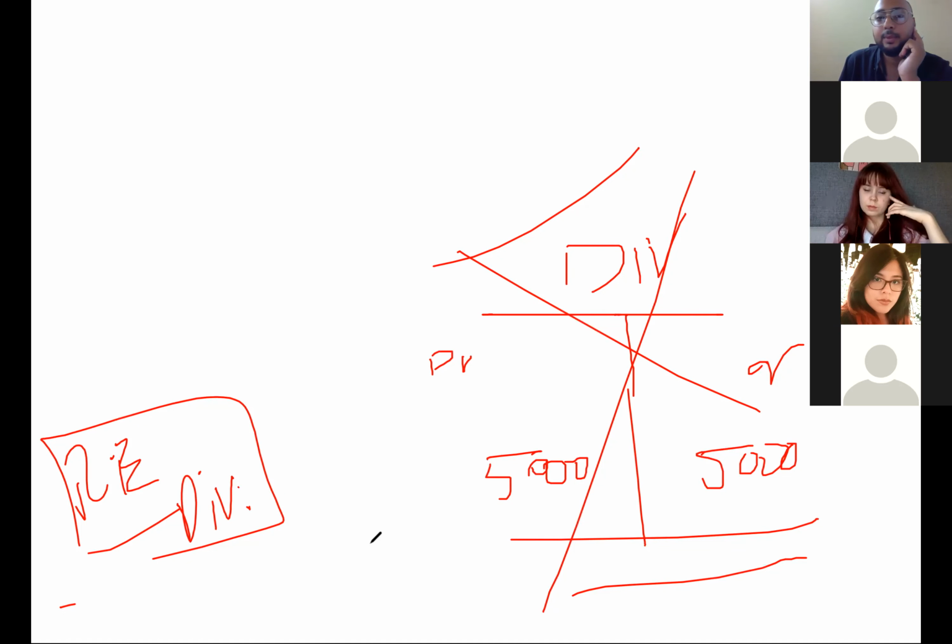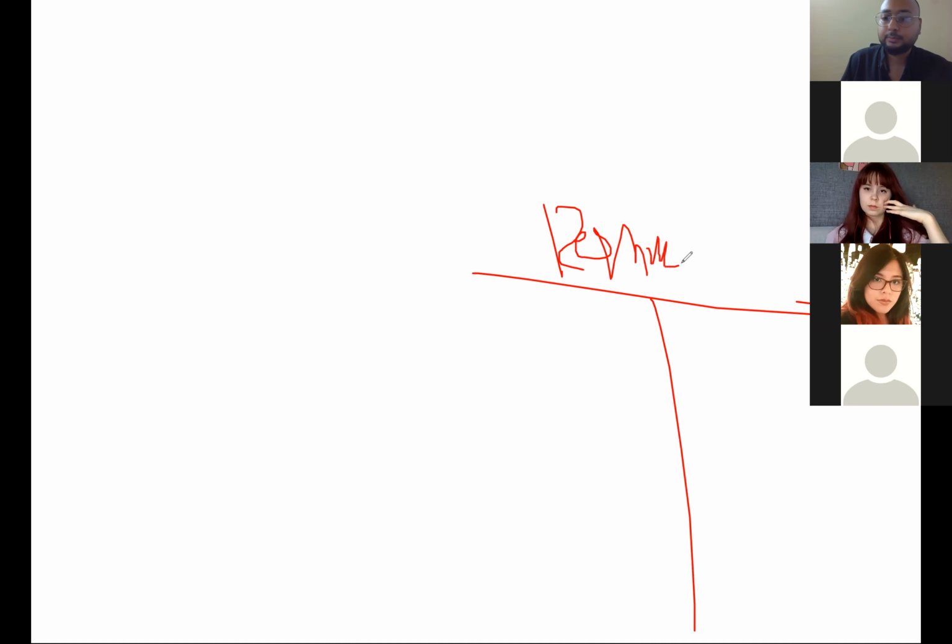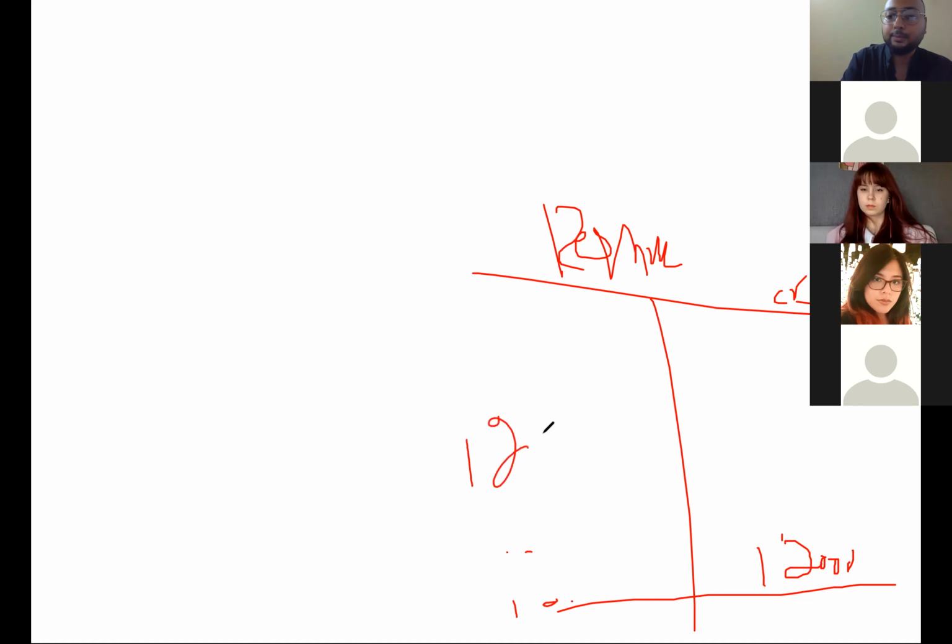Right? Again, for the first one, which is revenue, the revenue normal balance is credit. In order to make it balance, we must write down 12,000 on the debit side.